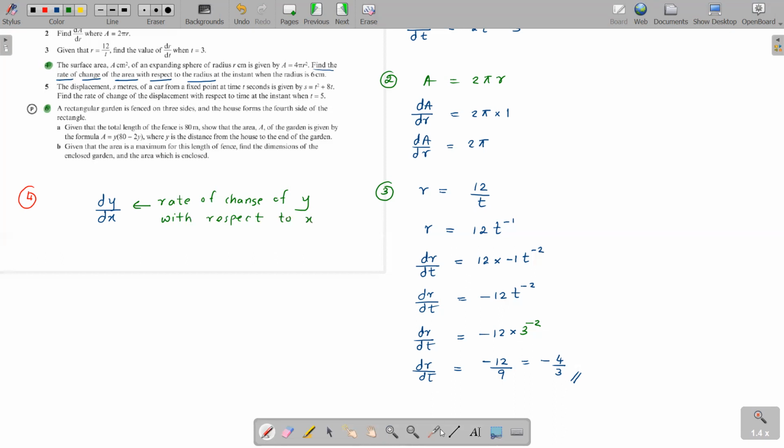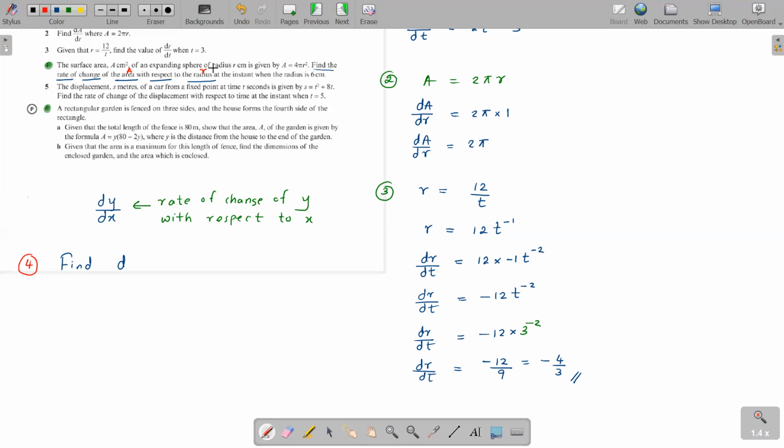So likewise, what are you supposed to find? Find the rate of change of the area, which means rate of change of the area with respect to the radius. So area means we use the letter A, right, and for radius, we use the letter r.